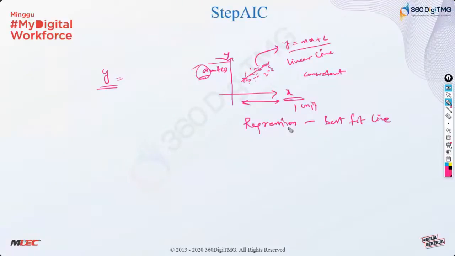Now, this is a simple example where you're talking about X and Y. But you know, Y is getting affected by a lot of variables, right? And this equation is extended to multiple dimensions. The equation has beta naught, a coefficient, plus beta 1 x1 plus beta 2 x2 plus beta 3 x3 and so on and so forth.